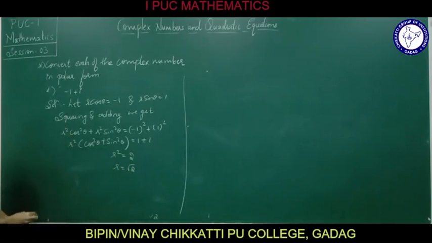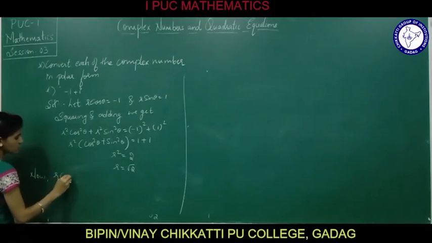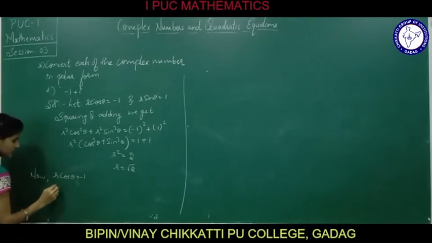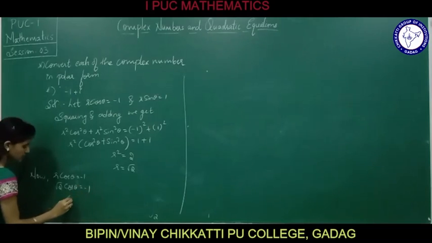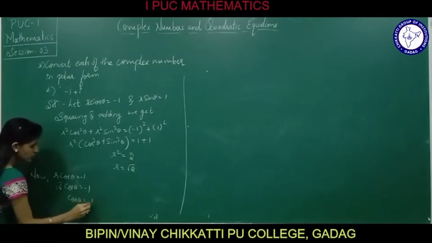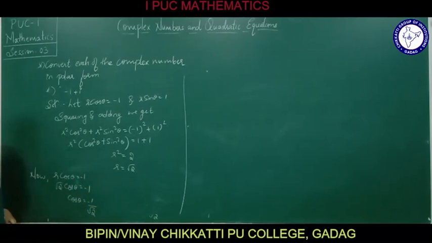As I have said, cos square theta plus sin square theta will be equal to 1. Therefore r is equal to root 2. Now again the same thing. We have r cos theta, its value is minus 1, and r we got as root 2. Root 2 cos theta is equal to minus 1, so cos theta is equal to minus 1 by root 2.